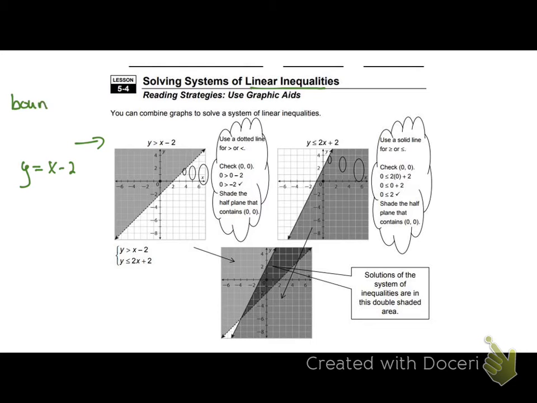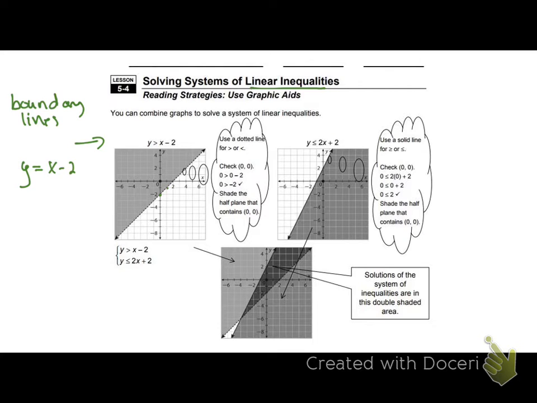So this is what you graph. So our boundary line for this one is y equal to x minus 2. So we come over and graph it. We see that we have our y-intercept at -2, and a slope of 1. So as you see, we have risen 1, run 1.